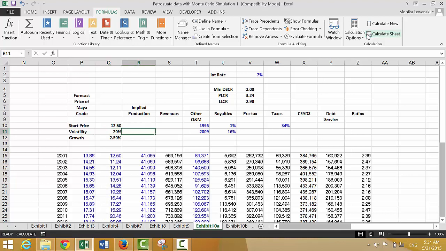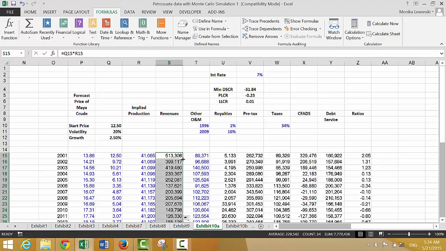just a minute. Now let's put the revenues as this price times this one. And so now we have a simulation. And look, we have a minimum DSCR way below 1. And if you press F9 to calculate, now another negative minimum DSCR.